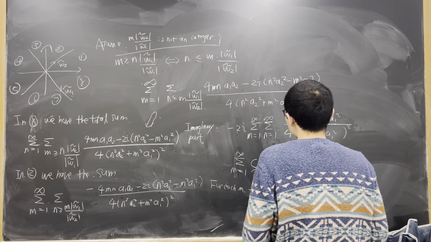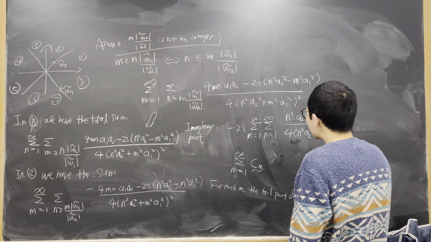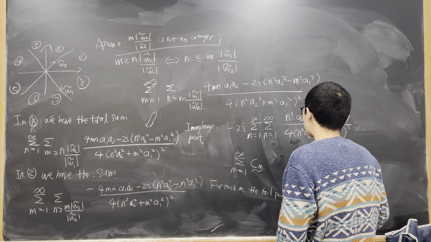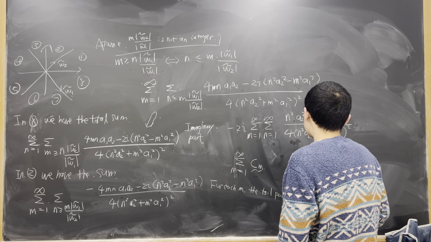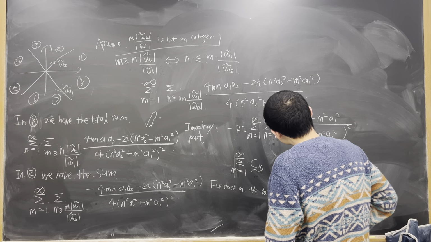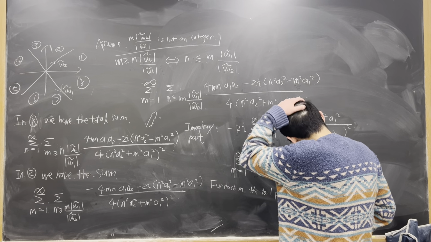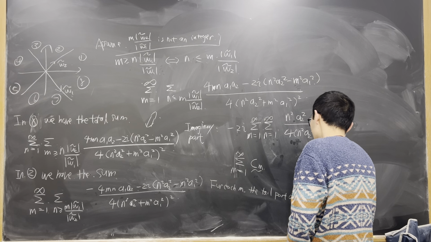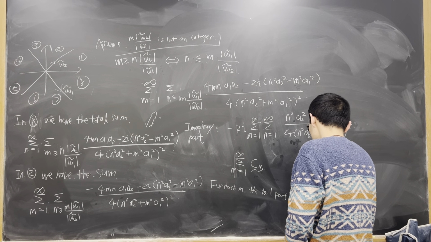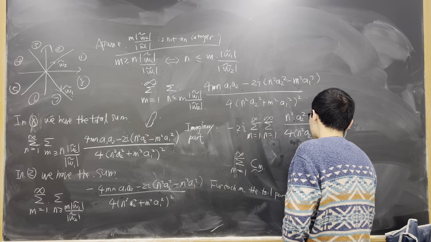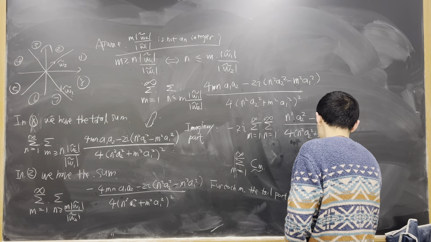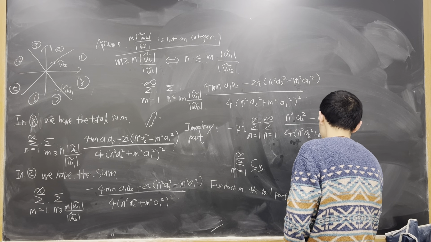let me use a number here. So this n really depends on m, right? Maybe let's use this, okay. Of this n square a square.